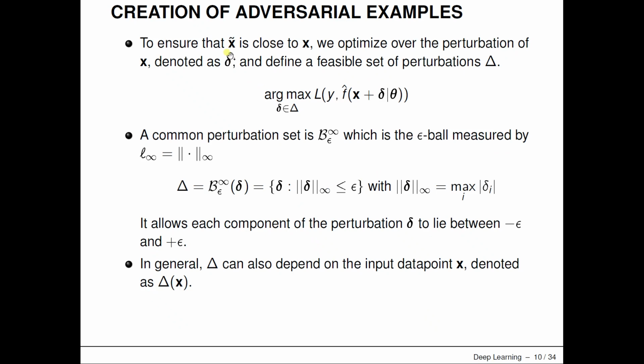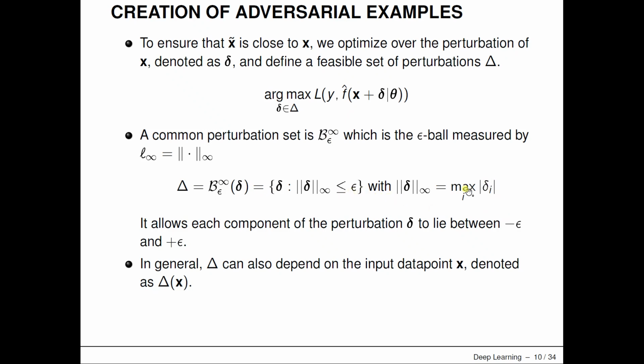In more detail, we optimize the perturbation delta to maximize loss, limiting the values of delta itself to some set big delta. Usually the possible perturbations are in the epsilon size ball with L infinity metric, meaning that it limits the maximal change among all the dimensions.